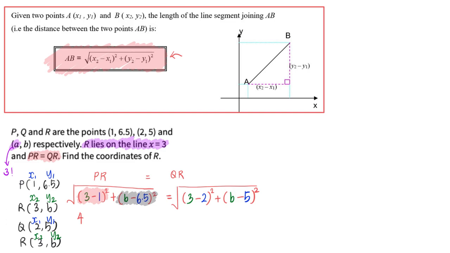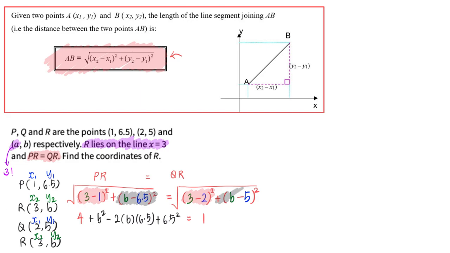Okay, so I will have b squared minus 2 times b times 6.5 plus 6.5 squared equals to, I will replicate for the other side here, (3 minus 2) squared equals 1.